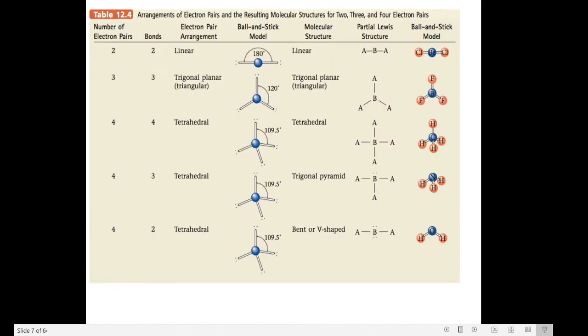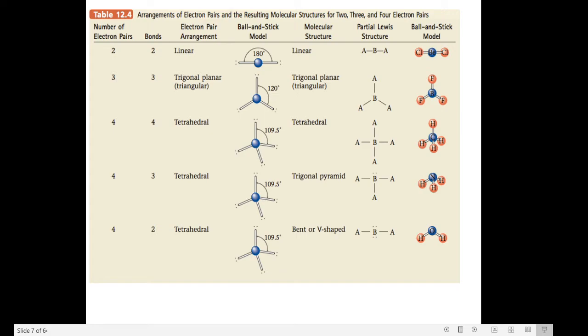Okay, next one is this arrangement of structure. If there is a linear structure, it is in this linear form. The angle between the atoms is 180 degrees.